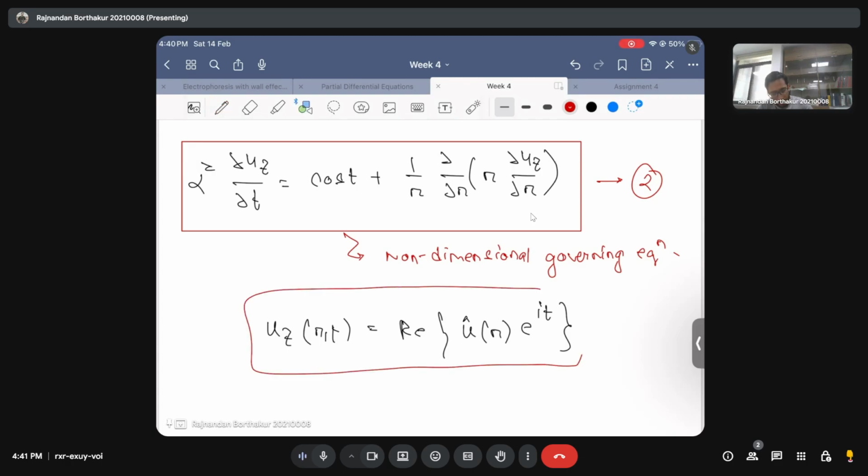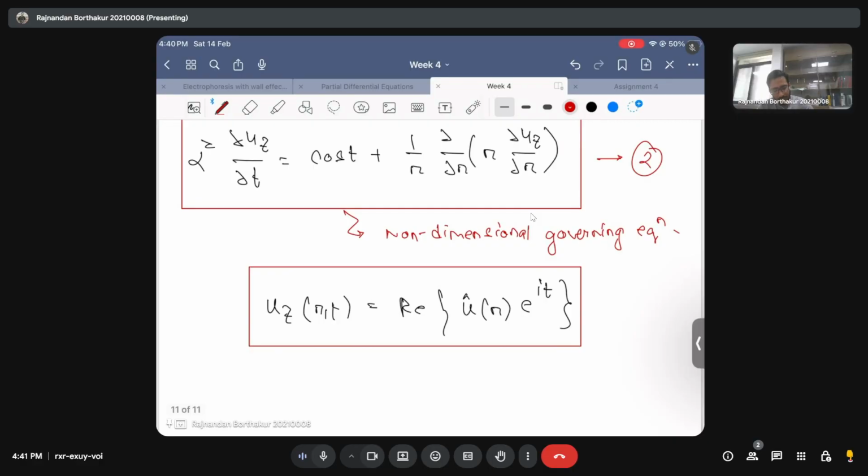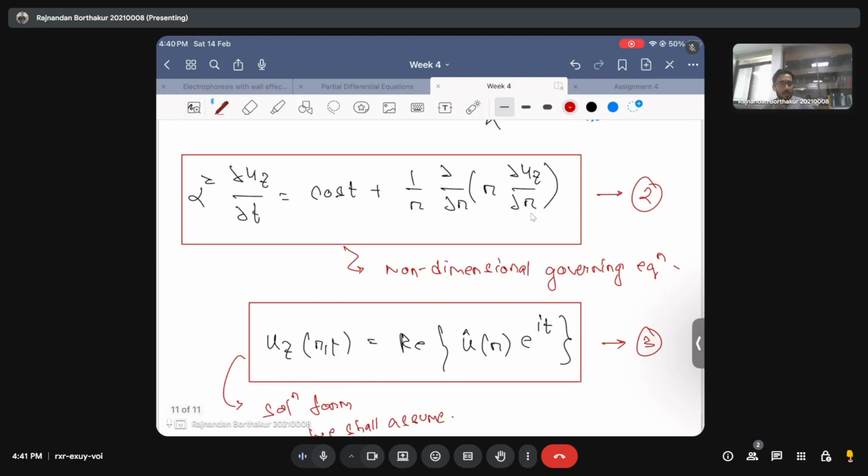We will throw light on why we are assuming this form of solution in the next class, but I would ask you to think about why we basically assume this kind of solution form in this given problem. I'll discuss more on this in the next discussion hour.